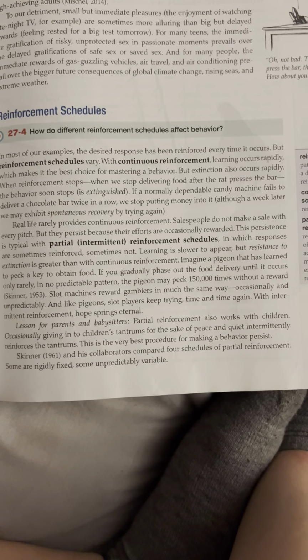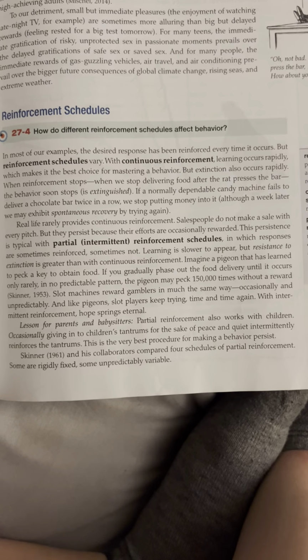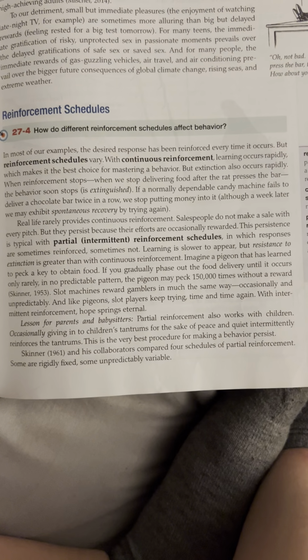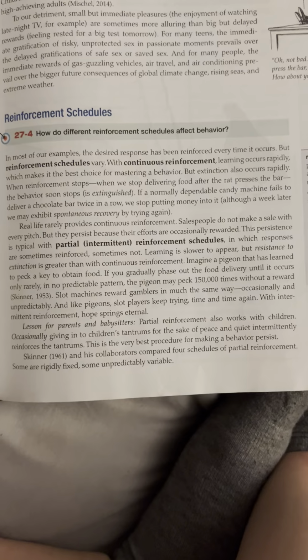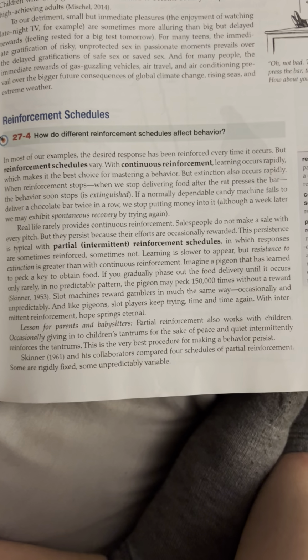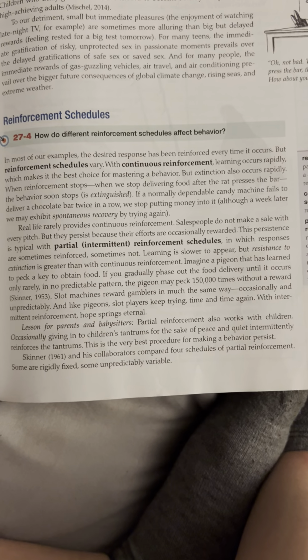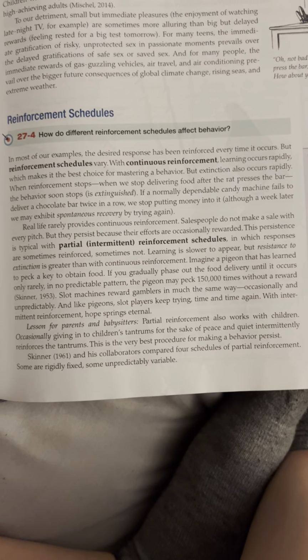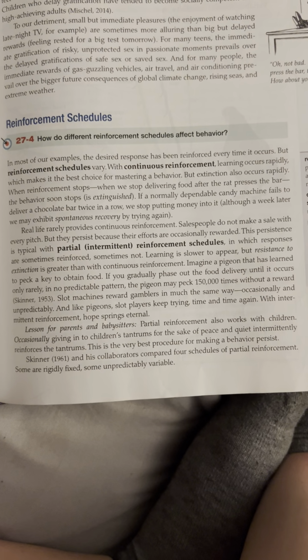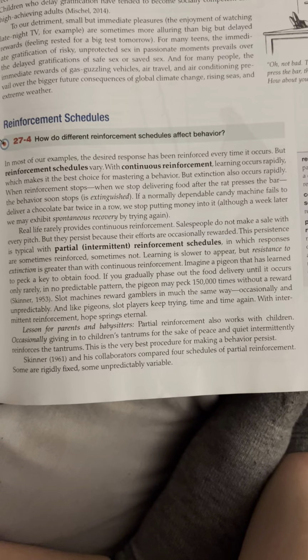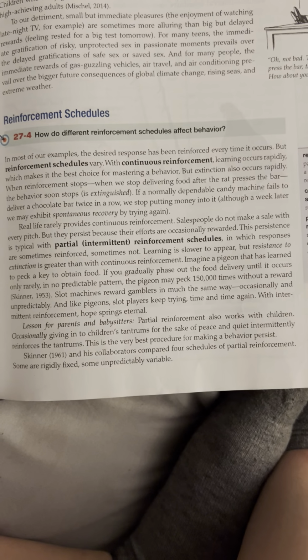Lesson for parents and babysitters: partial reinforcement also works with children. Occasionally giving in to children's tantrums for the sake of peace and quiet intermittently reinforces the tantrums. This is the very best procedure for making a behavior persist. Skinner and his collaborators compared 4 schedules of partial reinforcement. Some are rigidly fixed and some unpredictably variable.